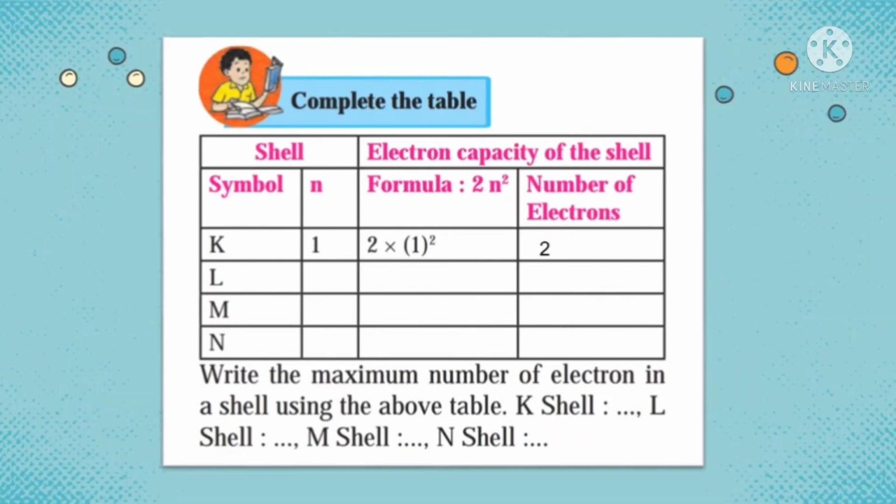So by putting in the formula 2 into 2 square, 2 square is 4, 4 into 2 is 8. So the maximum capacity of L shell is 8. For shell M, it is the third number. So by putting n is equal to 3, here 2 into 3 square. 3 square is 9. 9 into 2 is equal to 18.